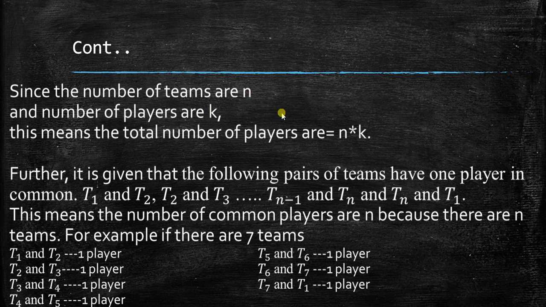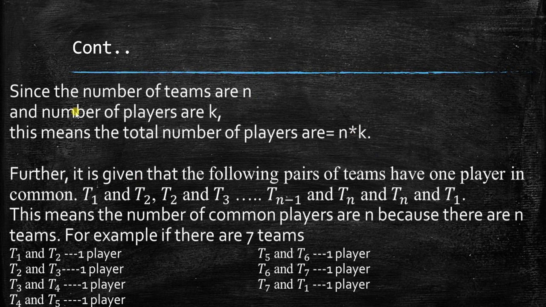This means 2 into 2 gives 4, so there are 4 members. So even though I don't know the number of teams or the number of players, if we multiply n by k, we get the total number of players.